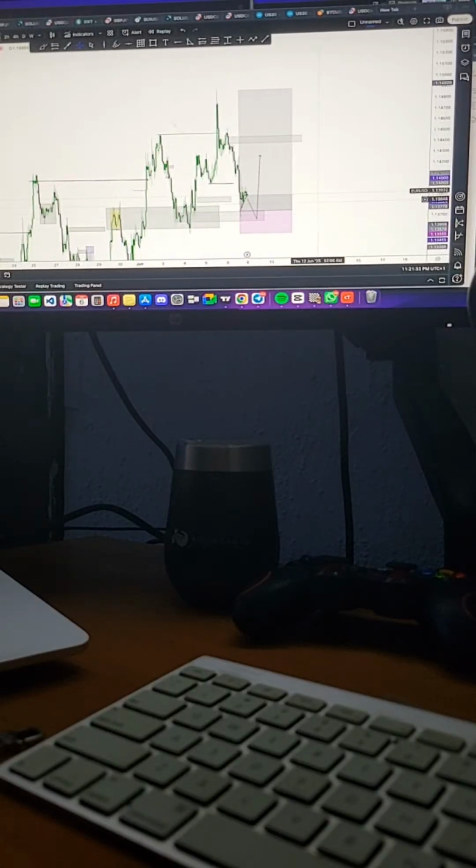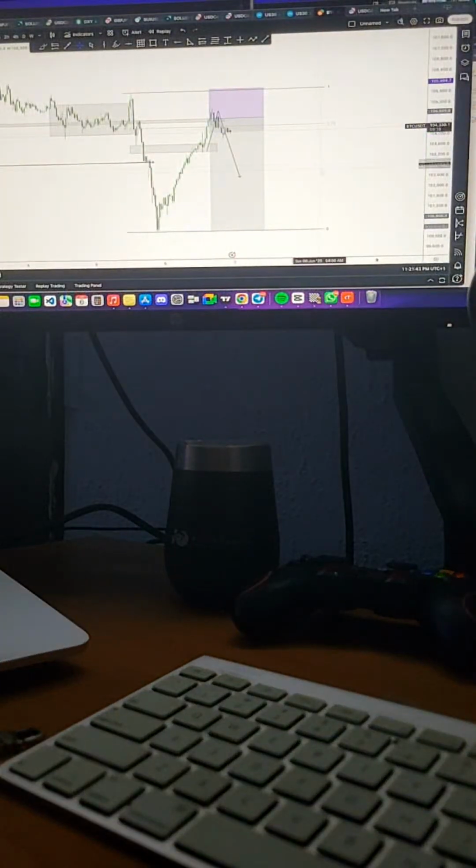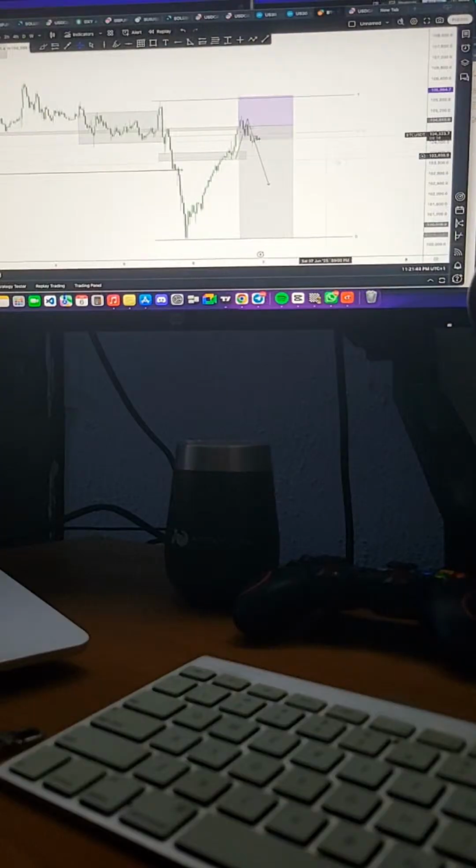And so I'm also active on BTC USD. BTC USD is currently active, and I'm shorting on BTC USD. I'm targeting this sell side liquidity here, and you can see the massive selling pressure.